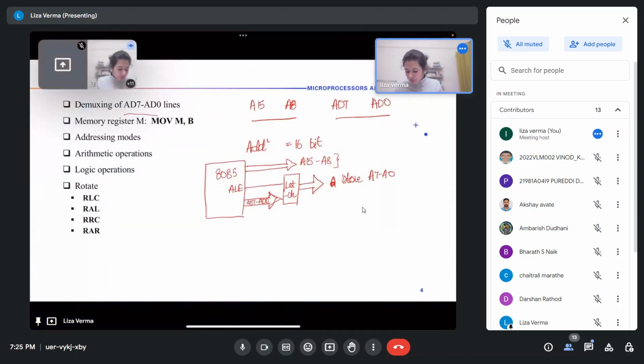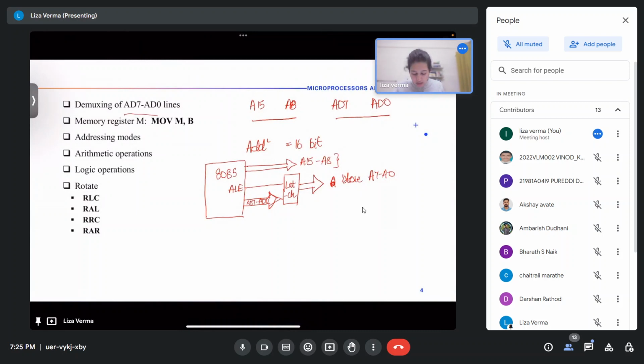When the ALE signal is generated, this lower order address will go on to the latch. And since the ALE signal is enabling the latch, do you know what a latch is?